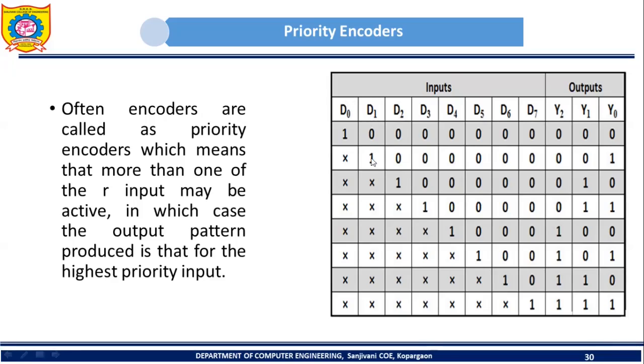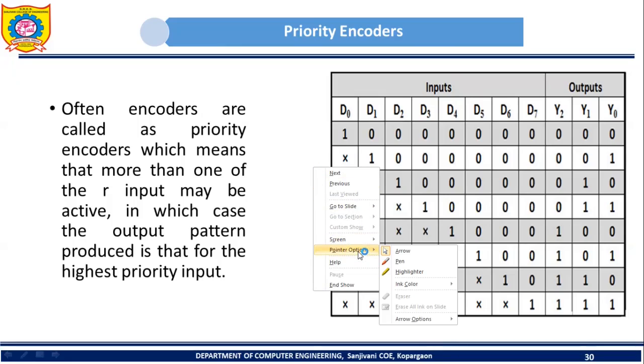So if D1 is 1, at that time priority encoder is not going to check D0. In case of priority encoder, if D1 is 1, it is not going to check the status of D0. Directly, what will be the output? It will be 0, 0, 1. So what is this 0, 0, 1? It is the binary code corresponding to D1.